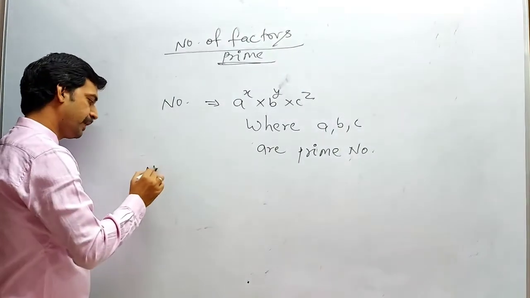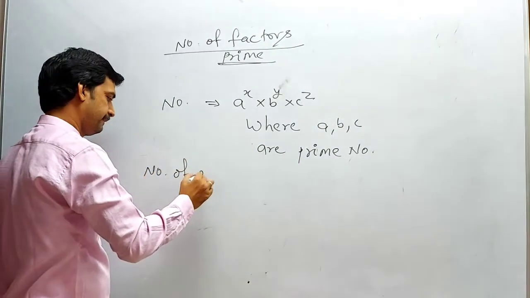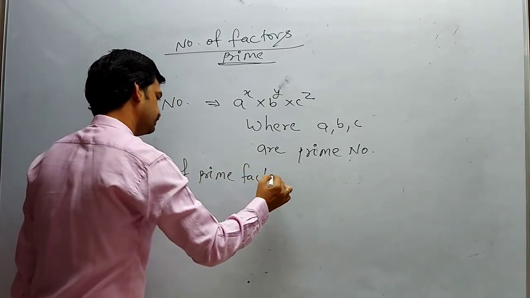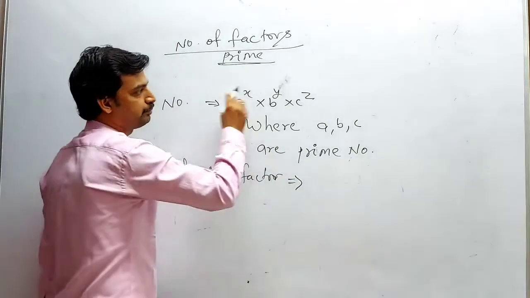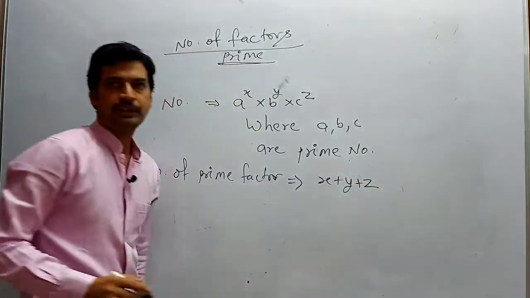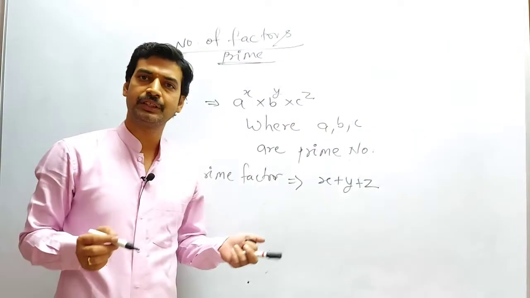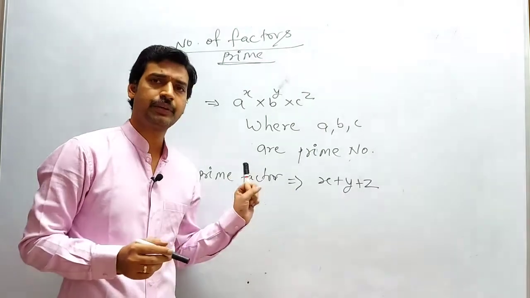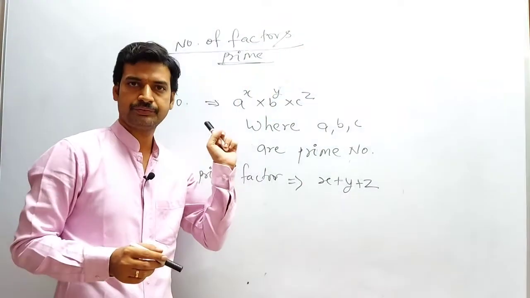Then the number of prime factors is the sum of powers directly, x plus y plus z. You need not increase the powers by 1, decrease them or multiply, just add the powers, and you will get the number of prime factors, right?